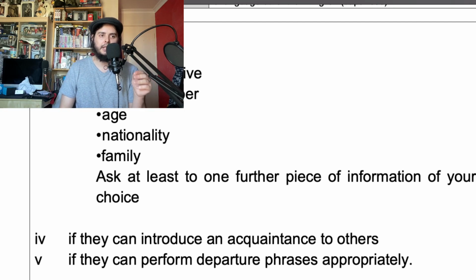So getting this sort of interaction down packed and properly memorized is quite crucial. You want to be able to introduce yourself confidently and correctly to a new acquaintance whom you may wish to have as a friend, best friend, romantic, or just to introduce yourself properly to your superiors and everything. It's very important.